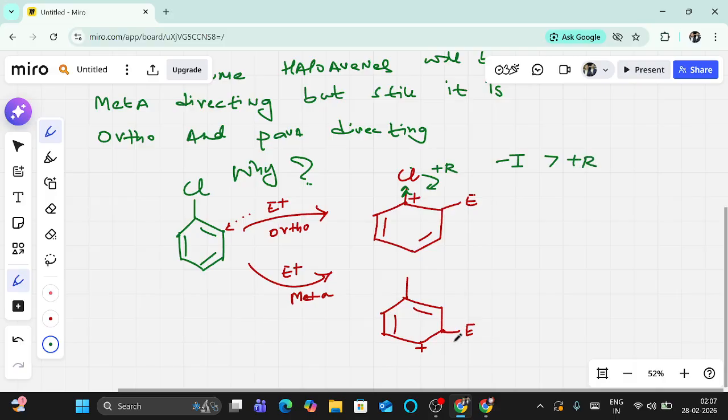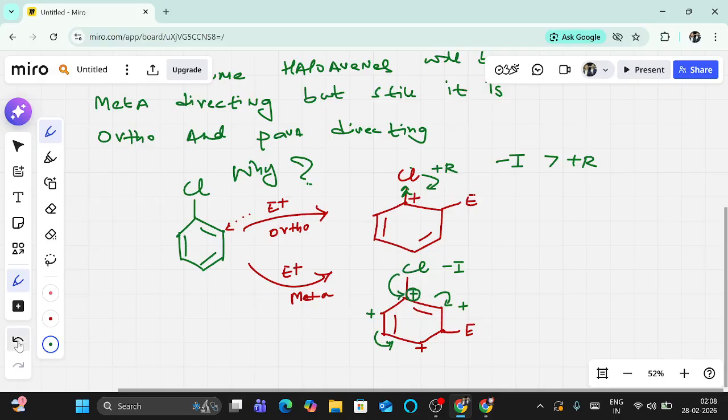But in case of meta substitution, you will see that the plus charge is now here, and if resonance happens, it will go here, it will go here. That means plus charge can form here and here. Plus will never ever come at this position. There is no possibility of plus charge at this position. Minus I is still happening because chlorine is there, but the benefit of plus R, which was happening in the above case, was because plus charge was there.